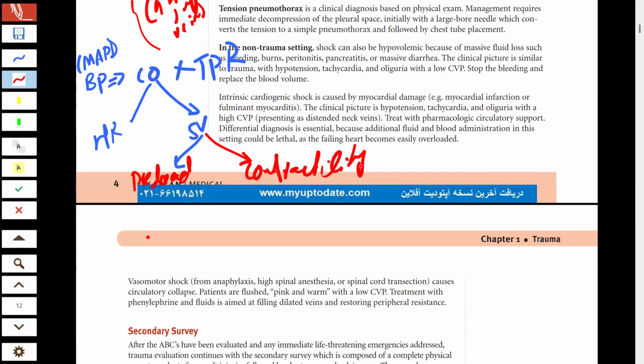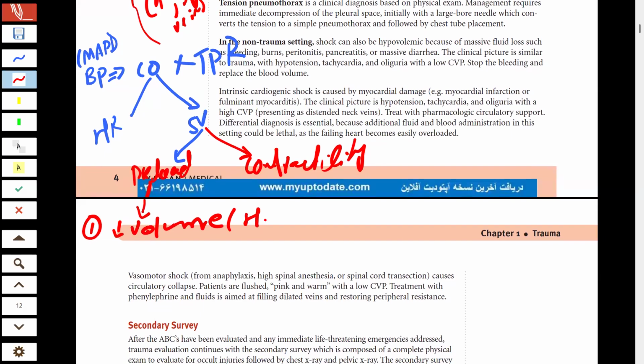So if preload is decreased, the cardiac output will be decreased. Preload decreases when there is decreased volume in the body, as in hemorrhagic shock, right? Hemorrhagic shock means decreased volume in the body. And the second condition is outflow tract obstruction.